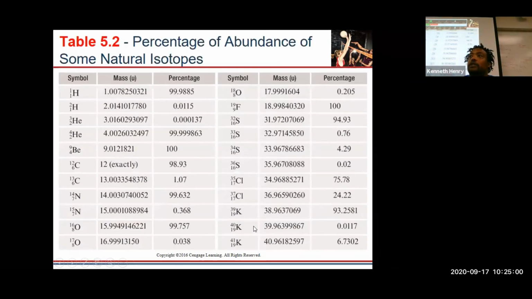Okay. So here's a table of some of the common naturally occurring isotopes. So let's actually do sulfur, something a little more challenging. So how would I go about doing that? You guys are going to work it out?